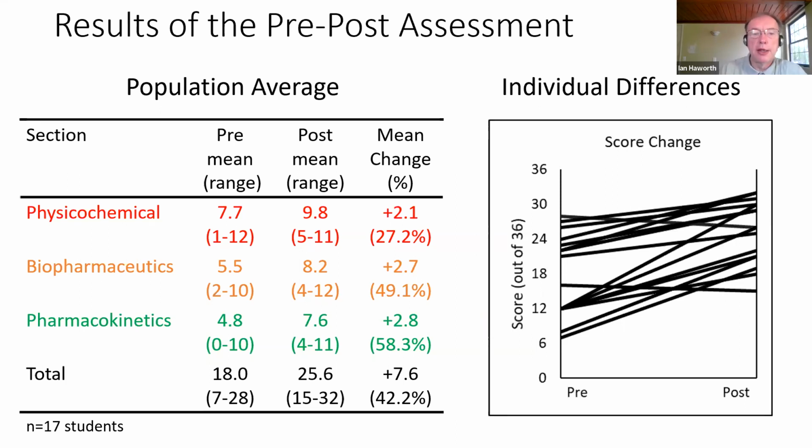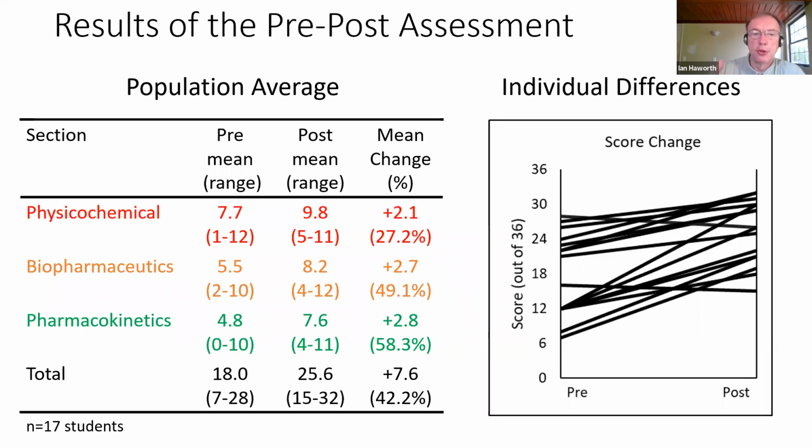We were really gratified to see that we got increases on the post-assessment in all 3 areas. And we, in fact, saw the biggest percentage increase in the weaker area in pharmacokinetics. So that really validated to us that we were able to teach the science through this approach.